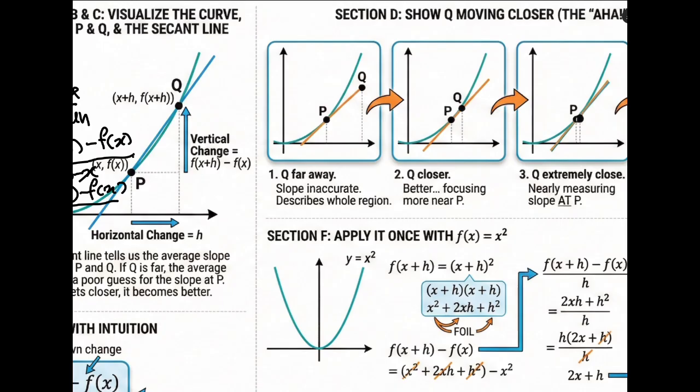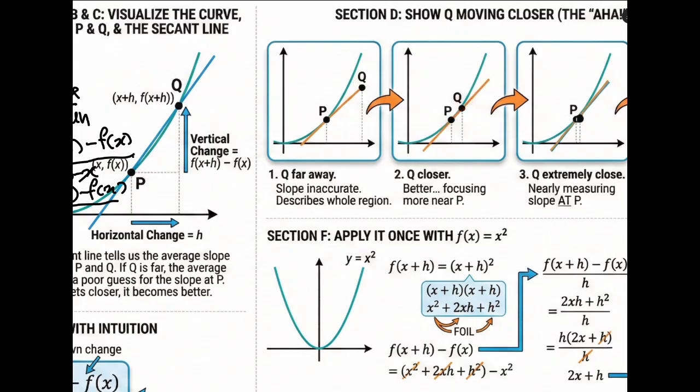We need to make it so that Q and P become close to each other. When P and Q are far away, we can say that the slope is inaccurate. But when Q is closer, the slope estimation is improved.